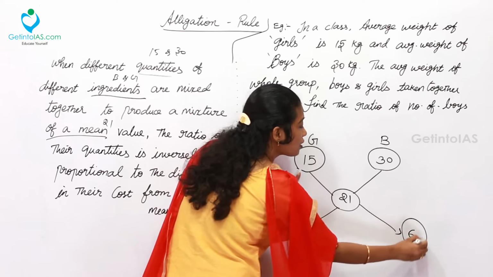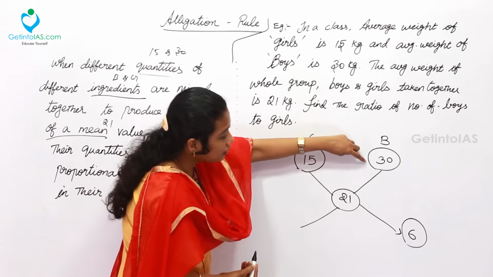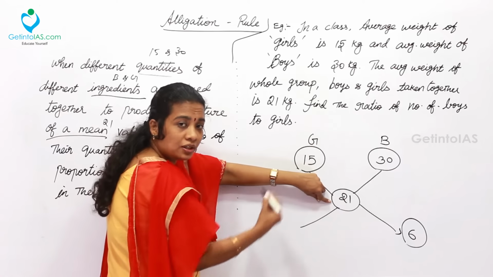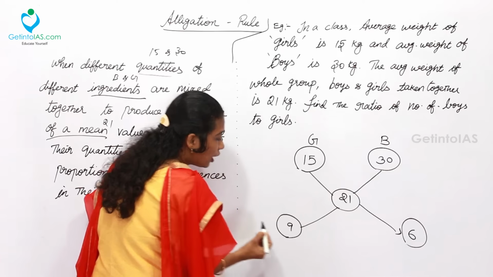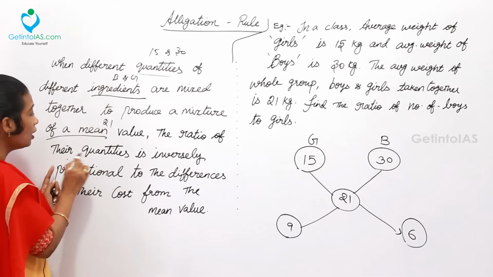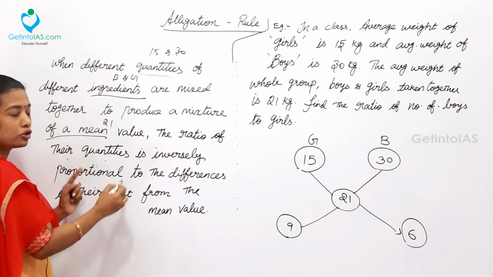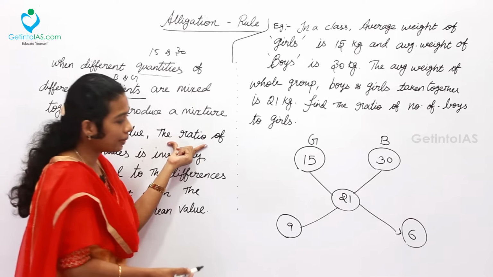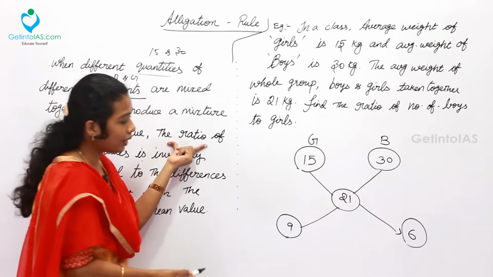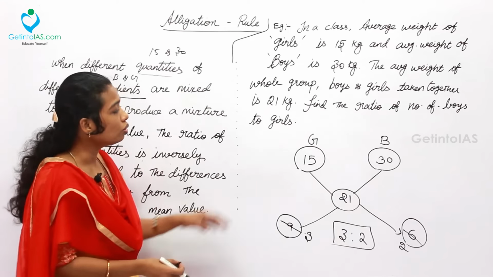Afterwards, 30 and 21, what is the difference between these two values? 9, which is written. Now you can take the ratio, since the quantities are inversely proportional to the differences. Taking the ratio, here 2 times 3, here 3 times 3. So 3 ratio 2 is the answer we got through this process.